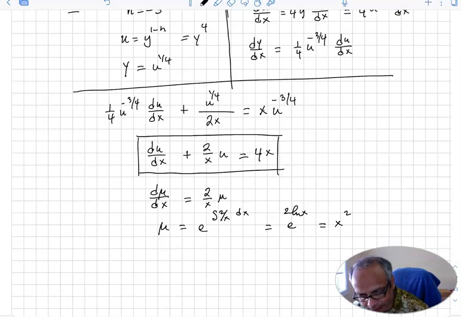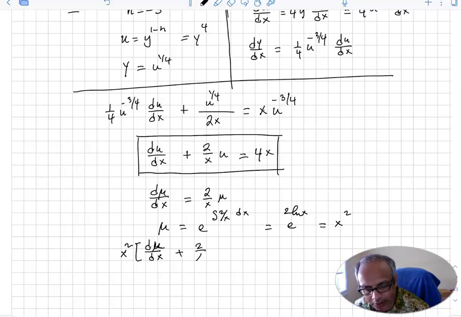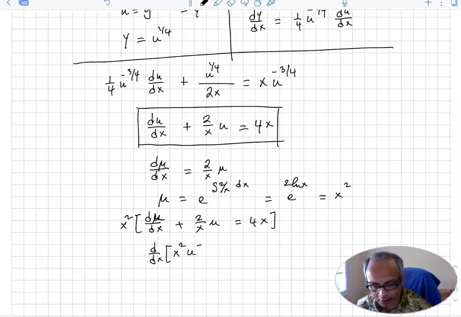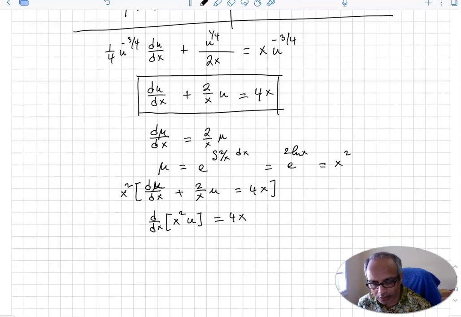So you multiply the equation, du dx plus 2/x u equals 4x, by x squared on both sides, and now you are lucky to get this form: d/dx of x squared times u equals 4x cubed, and then you have the integration.